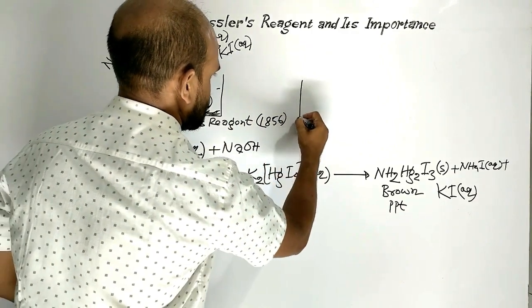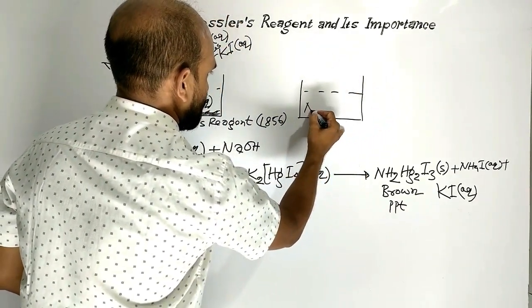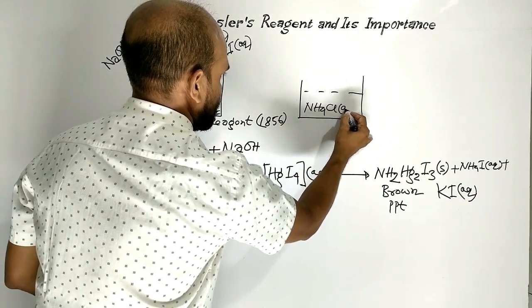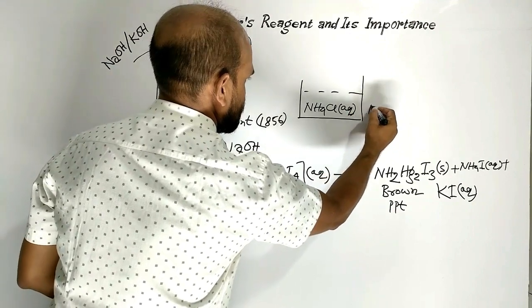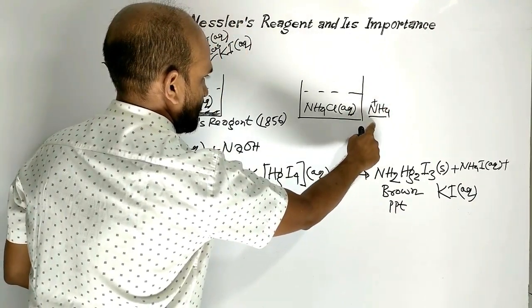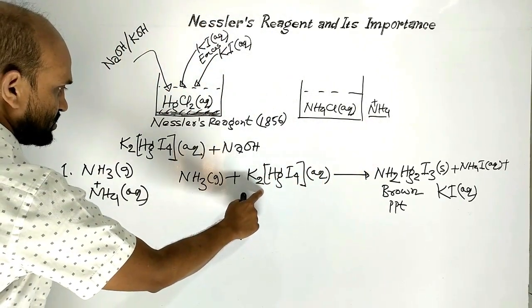Suppose this is a solution of ammonium ion, ammonium chloride, in which ammonium is present as ion. This ion is identified with the help of Nessler's reagent.